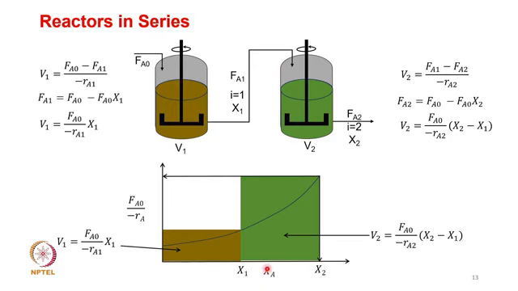So this is the conversion of A, and as per the Levenspiel plot, we can see that the area of this particular box would be equal to the volume V1, and this particular area would be equal to V2. The total volume would be the summation of all of this. So for the conversion to happen, the volume V1 would be computed as FA0 by negative RA1 times X1, and in the second case, of course, FA0 by negative RA2 times X2 minus X1, which is the base.